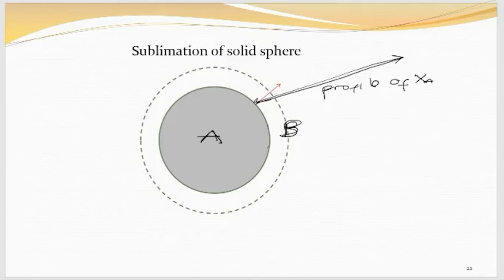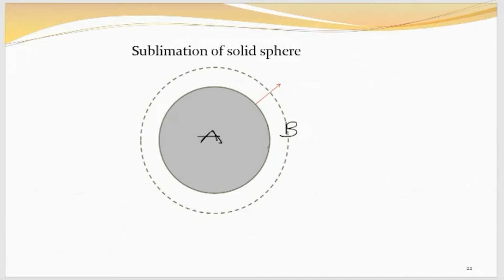And to make it simple, just assume that the radius of this camphor is always constant. So the question is, what is the profile of xA in the air? Maybe 15 minutes. Try to solve this problem in 15 minutes. After that we will discuss the answer. Please.